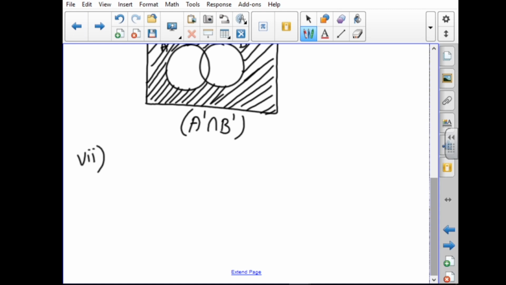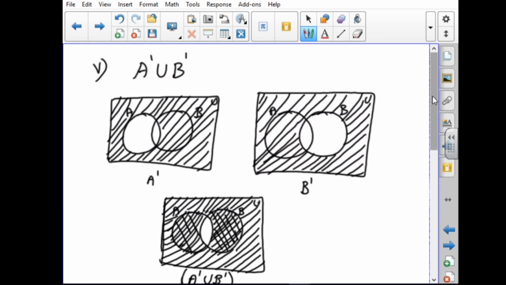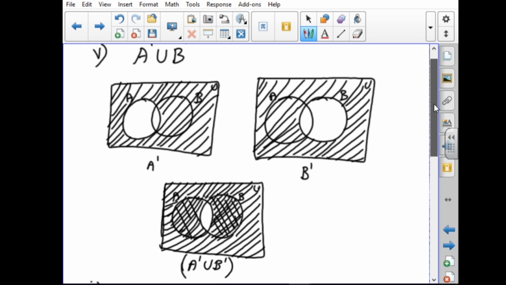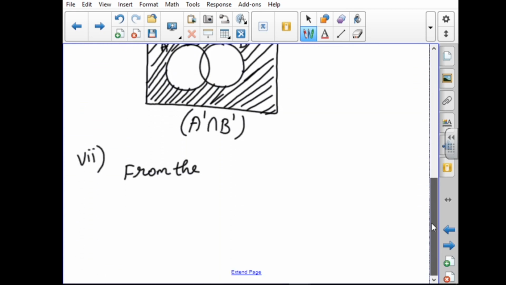So from the Venn diagram, what do we learn? See this, this is our fifth one. The previous page already has it. The intersection part is not shaded. In the third one also, that same diagram will come.